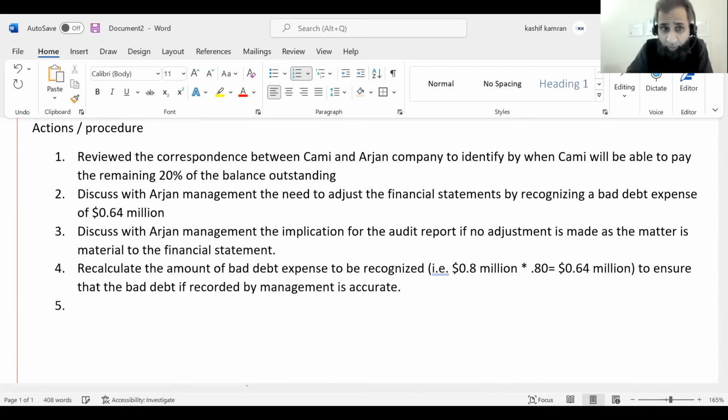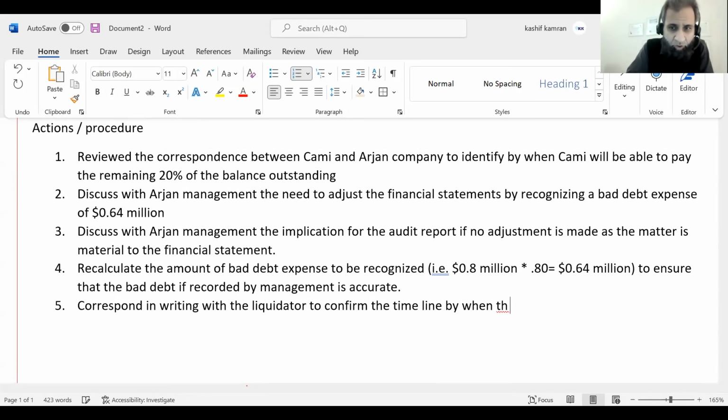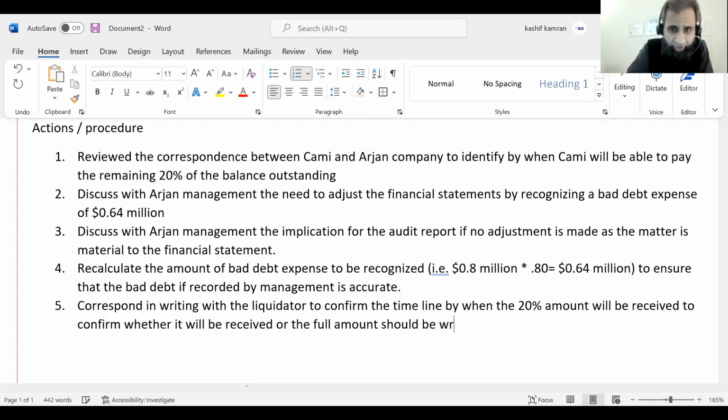You can directly correspond in writing with the liquidator to confirm the timeline by when the 20% amount will be received, to confirm whether it will be received, or the full amount should be written off.